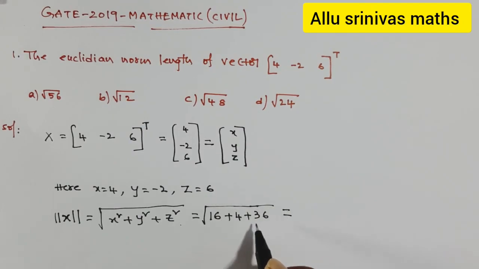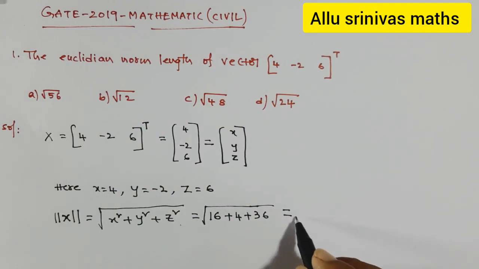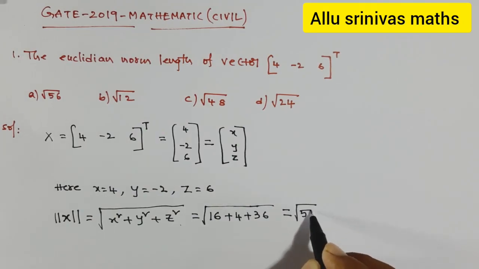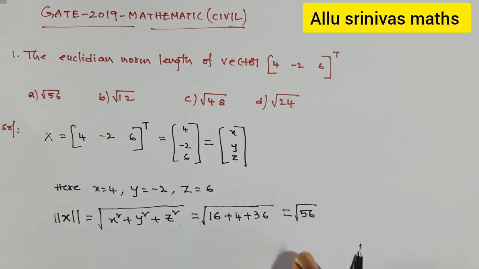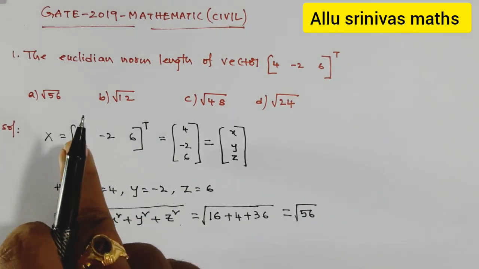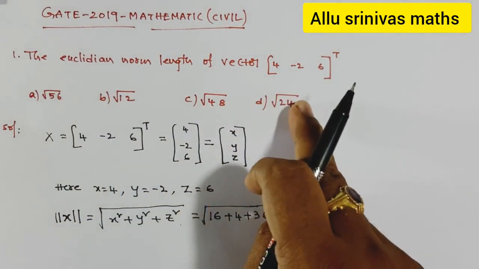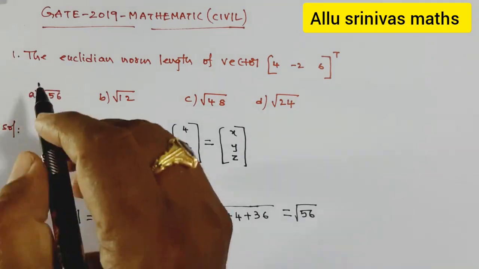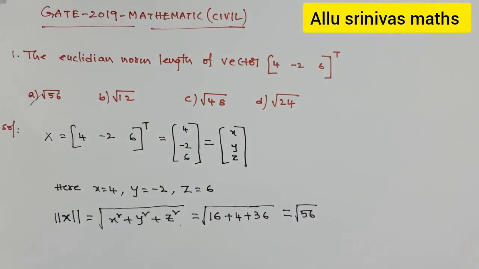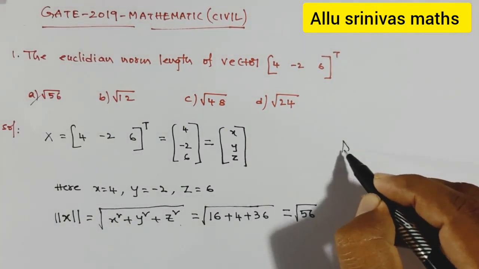Then simplify: 36 plus 4 is 40, 40 plus 16 is 56. Finally we get the answer root 56. Now check root 56 in our options; it is option A. So finally the answer is A.